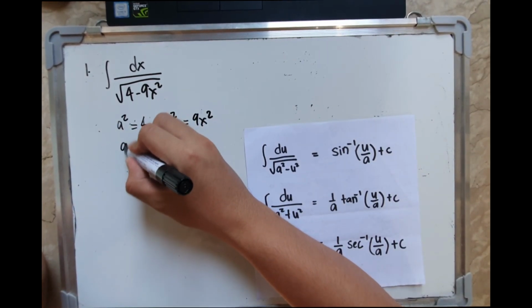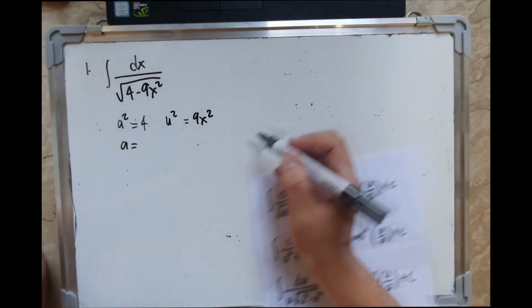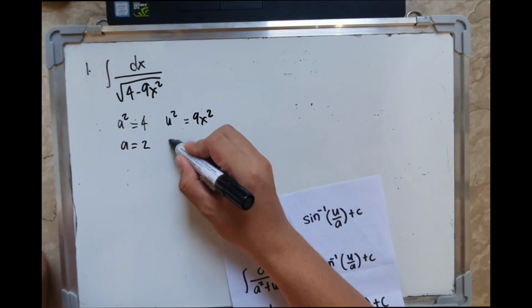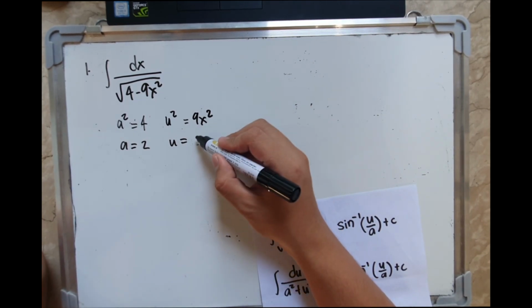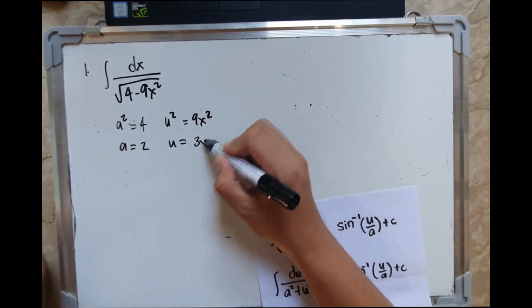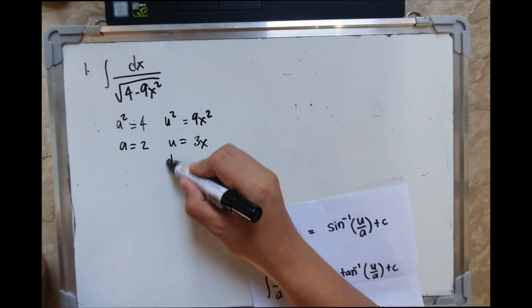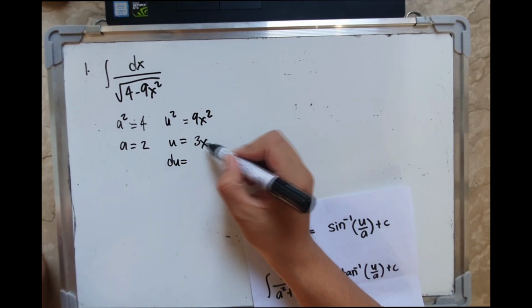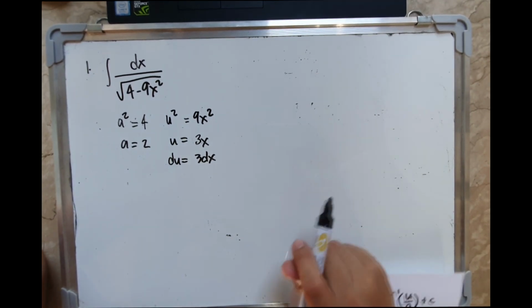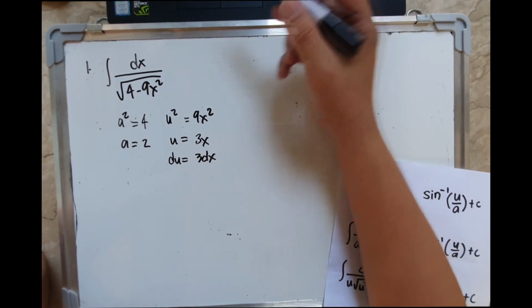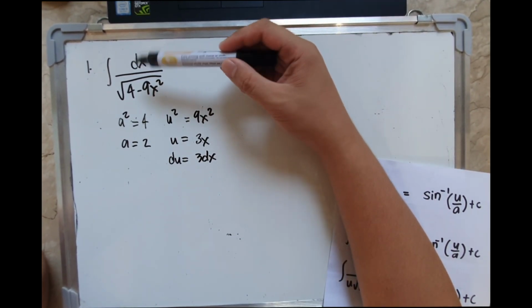So what is a? The square root of 4 is 2. What is u? The square root of 9x squared, that is 3x. What is the derivative of u? The derivative of 3x, that is 3dx. Okay, so let's try to check in our original integrand.